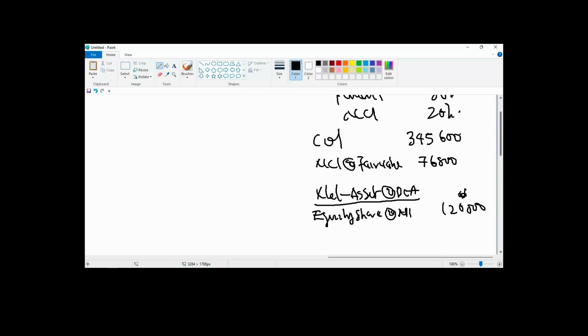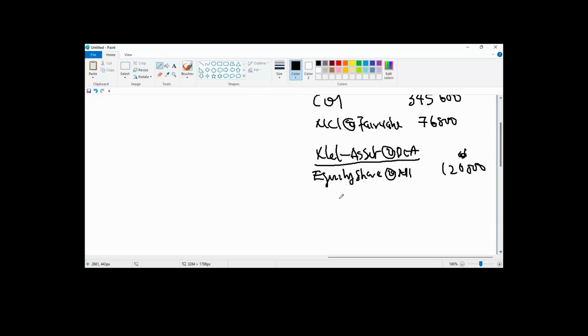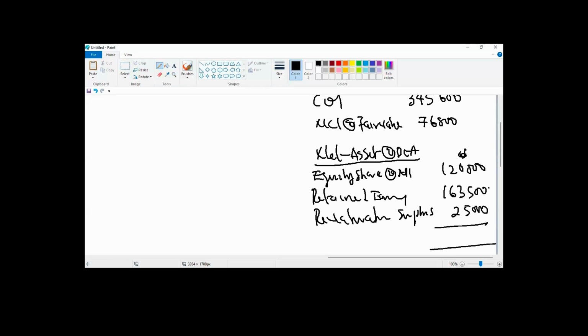Retained earnings at DOA 163,500. Revaluation surplus at DOA 25,000. So it does not give me share premium or other components. Out of the 5, I have 3. I'll sum them: 308,500.